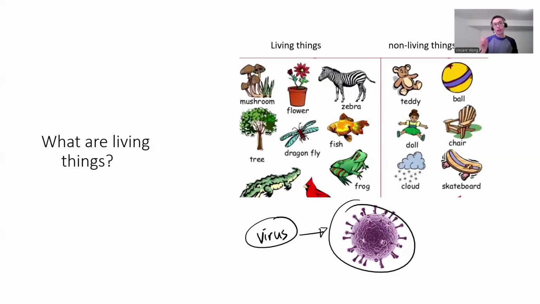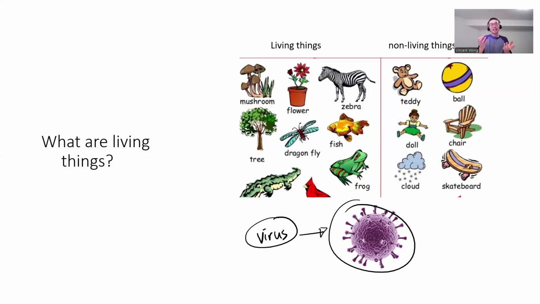However, it can only reproduce if it's inside another living thing. If you have virus in a tube with no other living thing in there, then the virus is going to stay dormant. It's not going to be able to replicate itself. It's only when it's inside another living thing that it can make copies of itself.